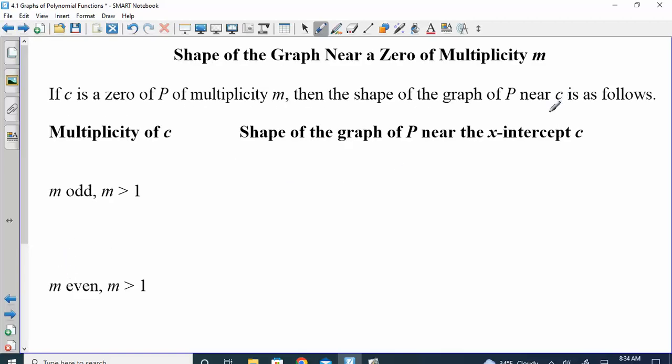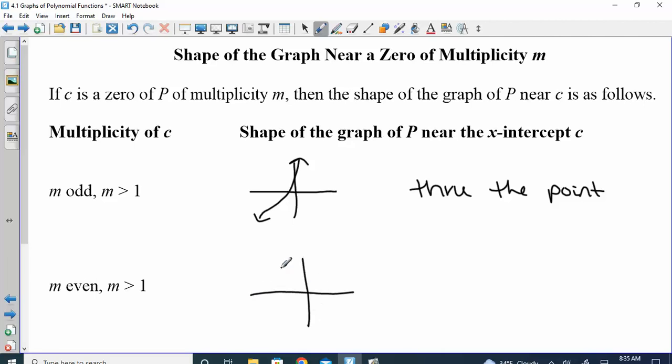All right, in terms of the graph, the multiplicity tells you what's going to happen at your x-intercept. If your multiplicity is odd, your graph will just cross. It's going to hit that point and just keep going. So it goes through the point. And if our multiplicity is even, think about a parabola.